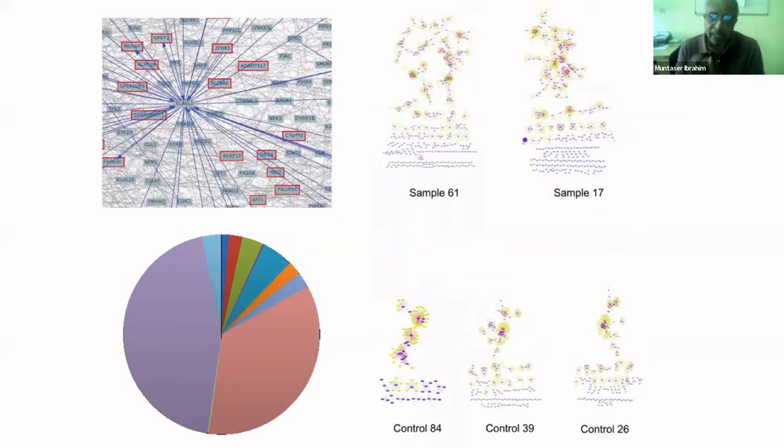So why are RNA binding proteins important, and why are proteins that alter the genome, not only tumor suppressors, more important? If you look here at these networks, these are from the same family, and you look at the controls, you see how complex the networks of the cancer patients are compared to the networks of the controls.